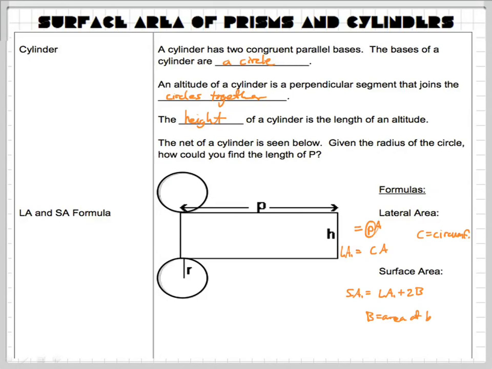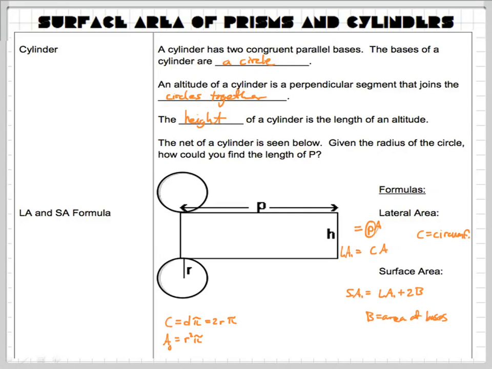Now you have to remember the circumference formula and the area formula of a circle. So circumference is d pi, or you can say 2r times pi, since 2r is d. And for the area of the circle, pi r squared, or r squared times pi.